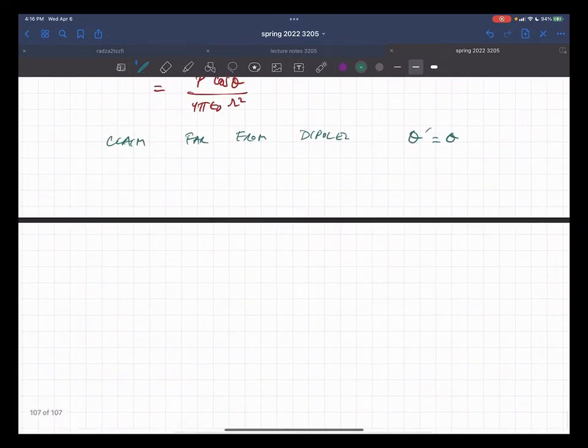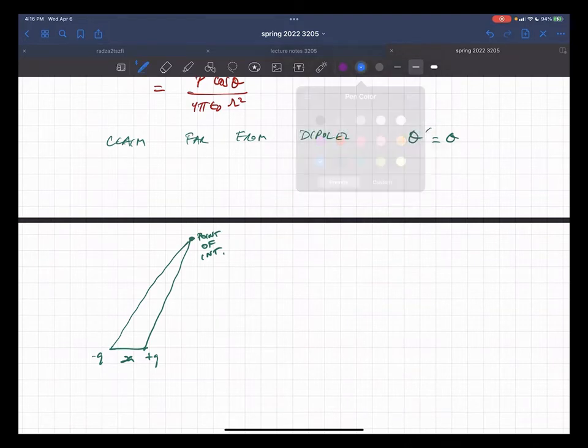So again, let me draw that. This would be the plus Q, minus Q. This would be the point of interest, and this would be the distance. This is the origin, and this is theta prime.